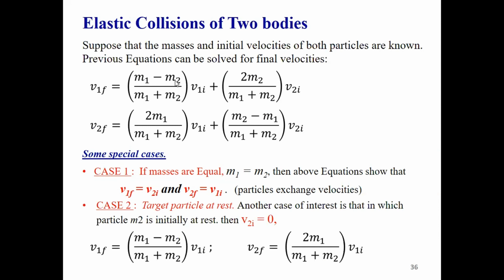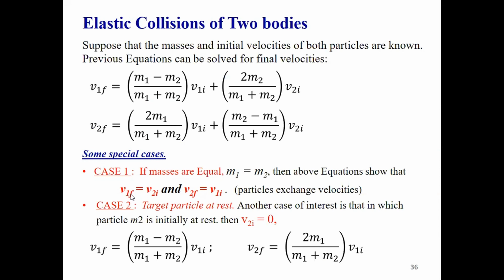And if m1 is equal to m2, then this will become 2 times m2. So 2 times m2 will cancel with each other, and we will get v2I. So v1f will become v2I. Similarly, v2f will become v1I.